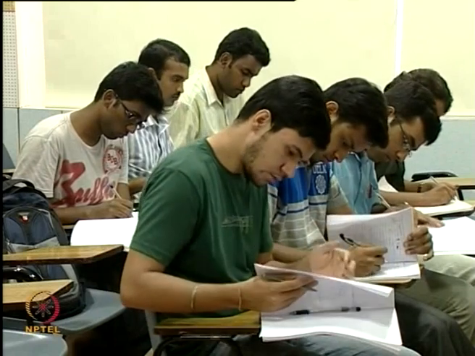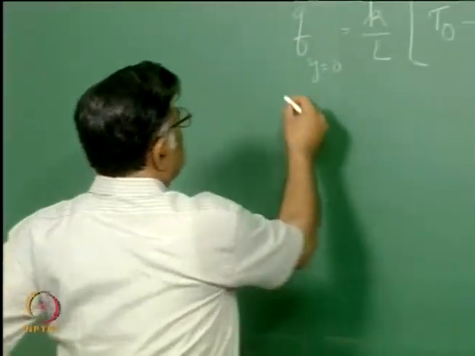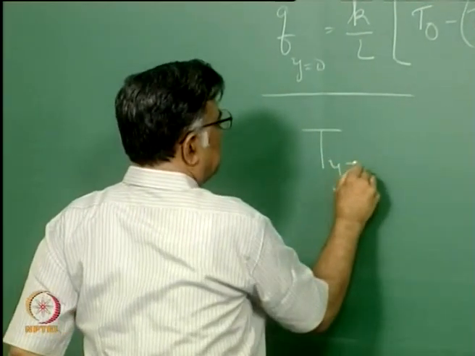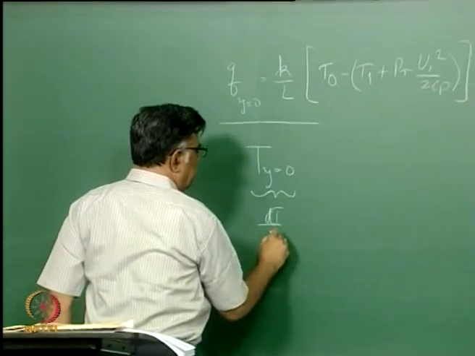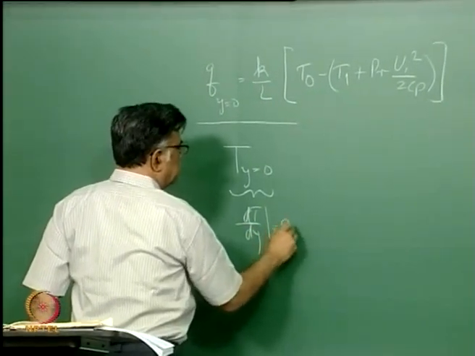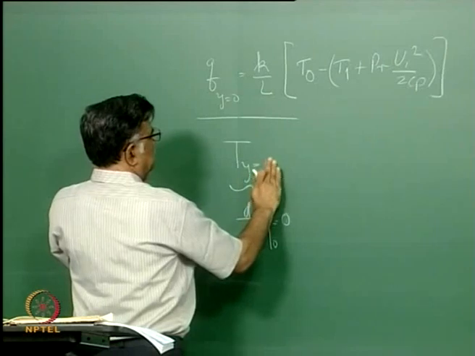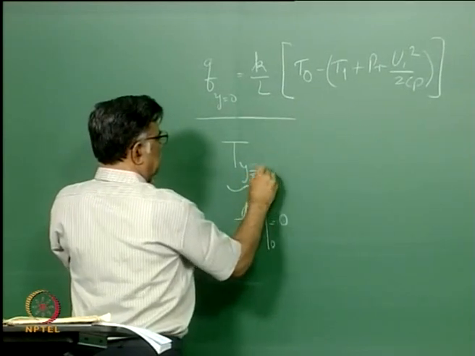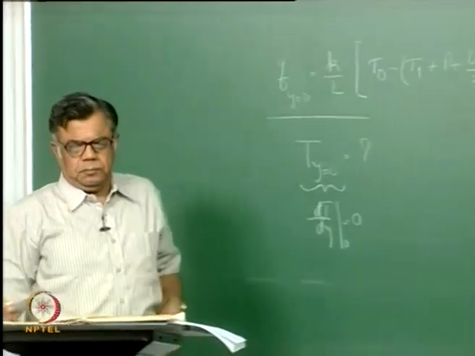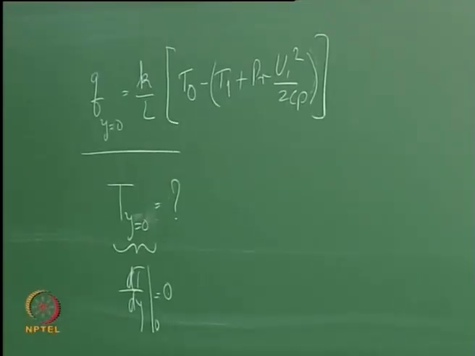The two boundary conditions, two constants. Get me the temperature for the bottom wall, which is actually T at y equal to 0. A very simple expression.